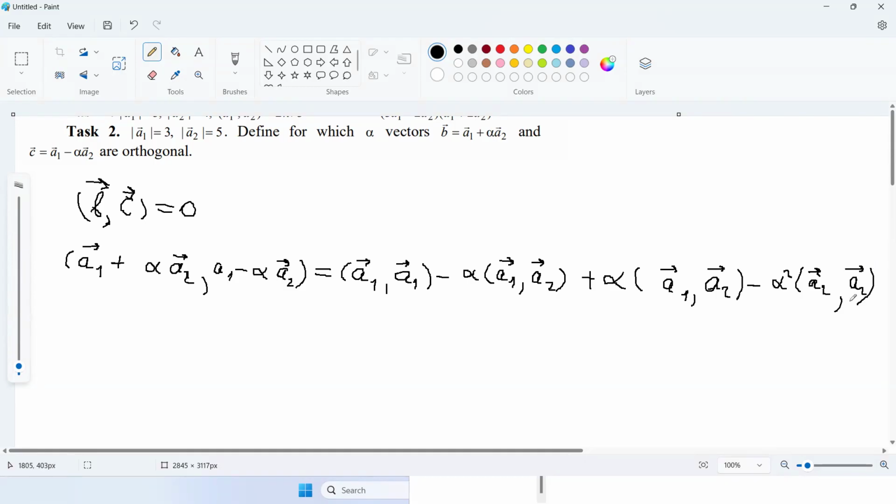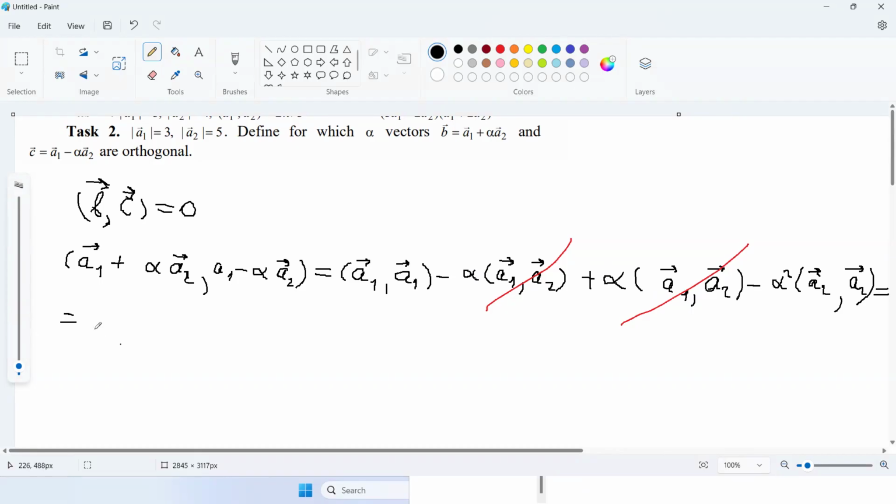By the way, these addends are eliminated, so minus alpha plus alpha and the same products. It is like the shortened multiplication formula that we know from school. So it looks simpler.